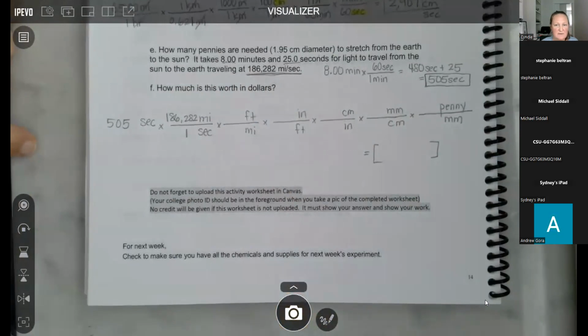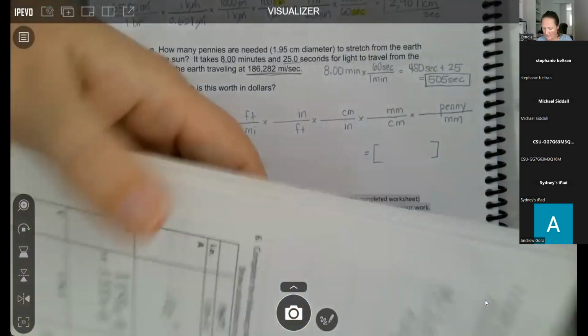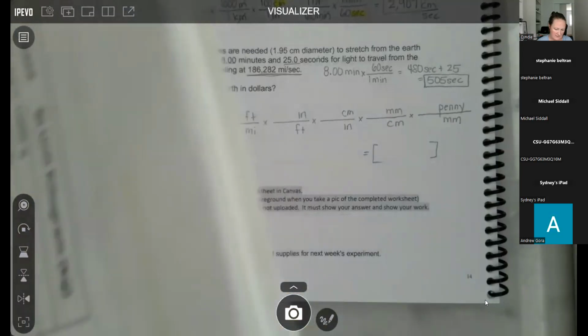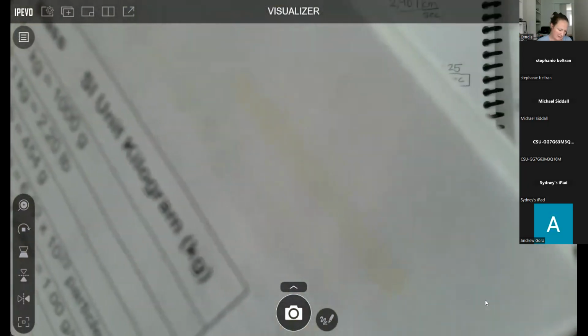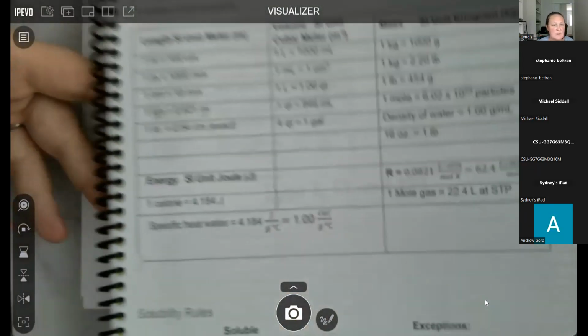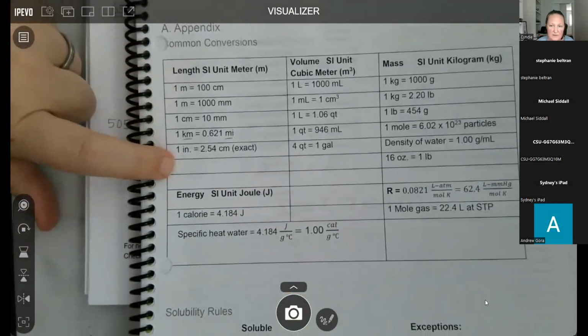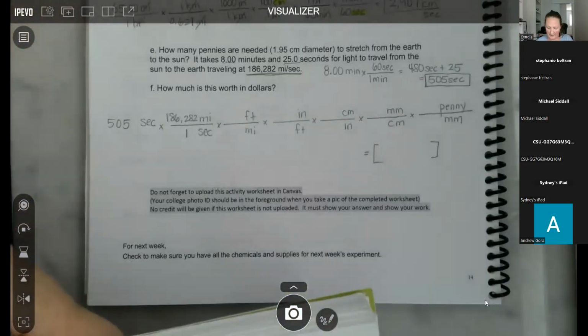And then the rest of these, hopefully we can find in the appendix. Okay, so we want feet to miles. All of these are going to be in length. It appears that there is no feet here, so we'll have to look that one up.